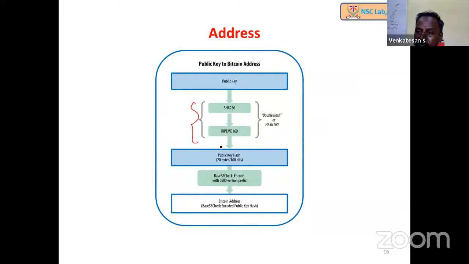In the case of Ethereum, which may be discussed in coming sessions by other experts, it is hashed only once. However, Bitcoin is hashed twice. Bitcoin was introduced in 2008, and there was an attack or vulnerability called the length extension vulnerability, or length extension attack, which is possible on the Merkle-Damgard construction.